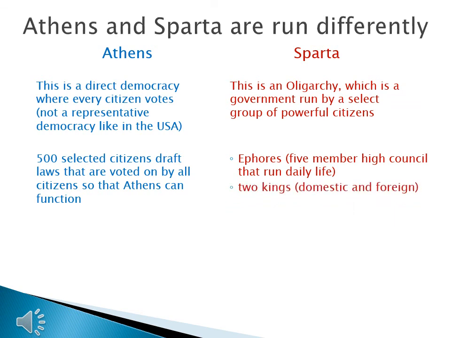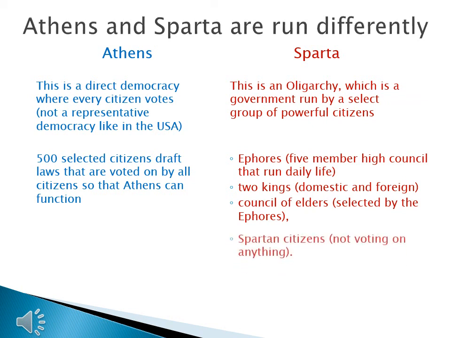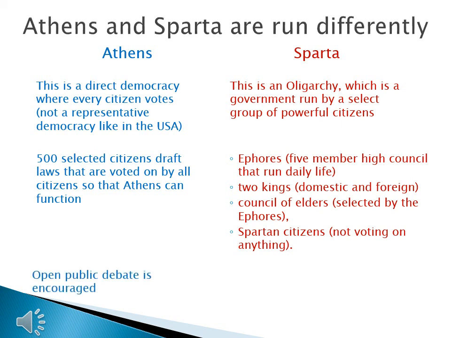One takes care of the domestic stuff happening in town, and one takes care of the stuff that's happening outside of Sparta. You've got a council of elders. Those are selected by the ephors, and then you've got the Spartan citizens, and they're not voting for anything. Finally, in Athens, open public debate is encouraged. In Sparta, not so much.